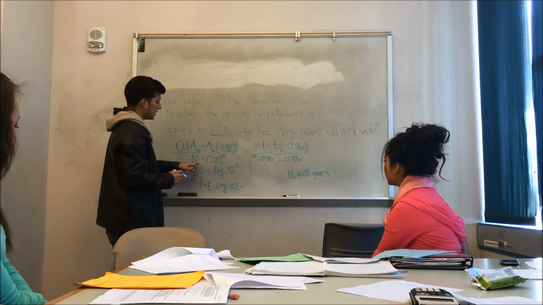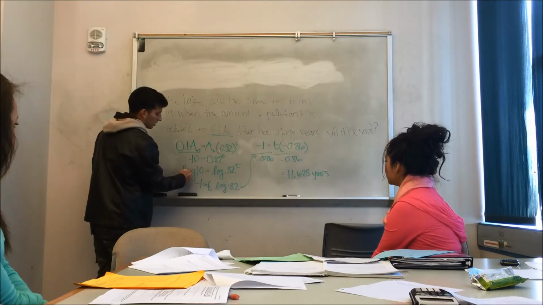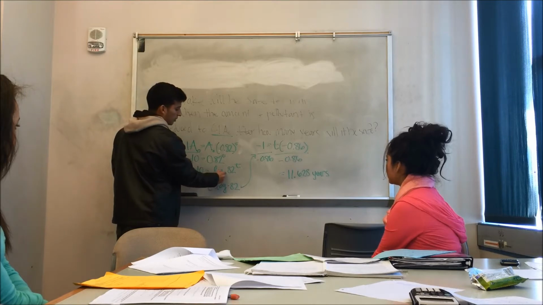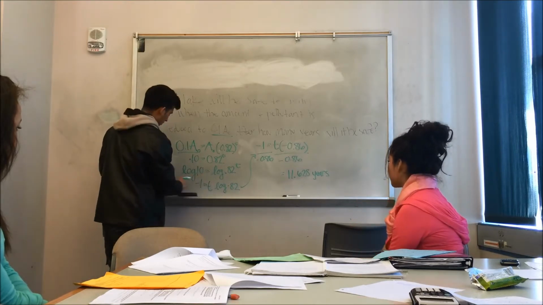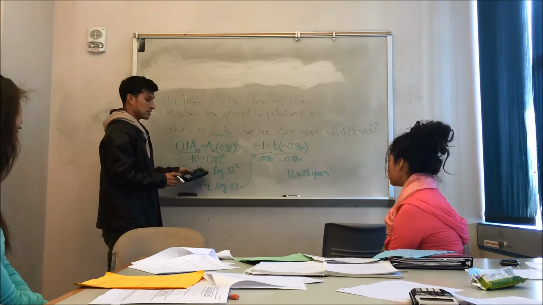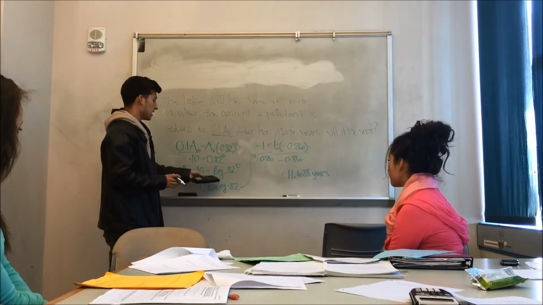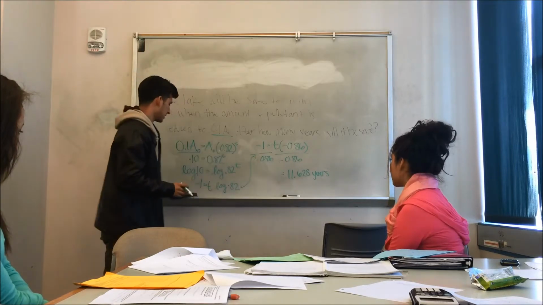Now what we have to do is take the log of both sides. So this will be log 0.10 is equal to t times the log of 0.82. So if you plug into the calculator, log of 0.10 is going to equal negative 1, and the log of 0.82 is going to equal negative 0.086.